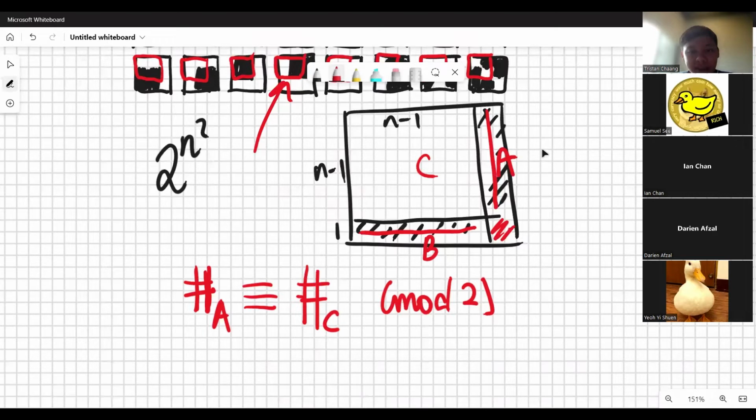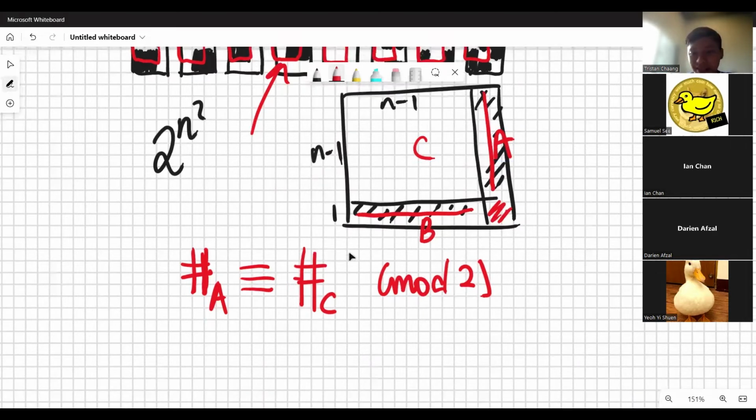Why? Because the squares here are designed such that every row has an even number of black squares. That means the number of black squares in A plus the number of black squares in C must be even. And hence A and C have the same parity.